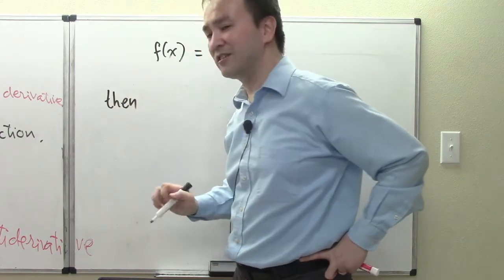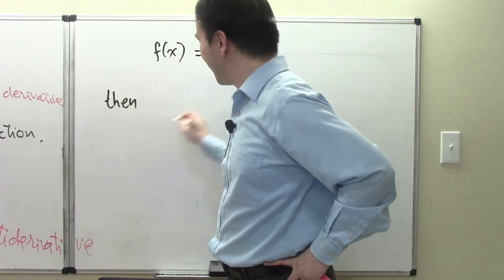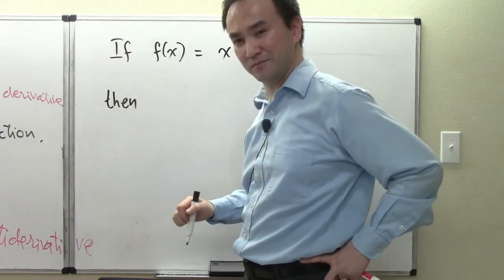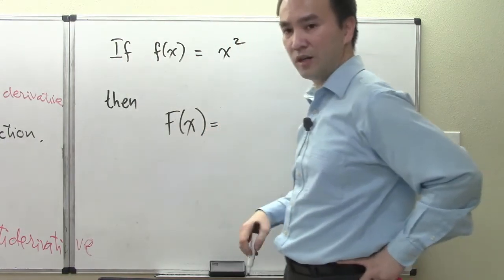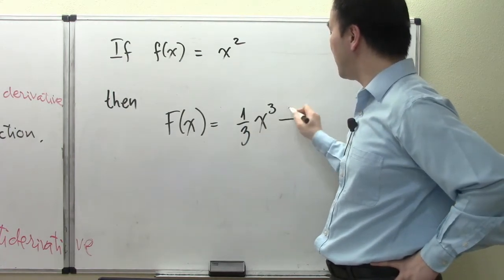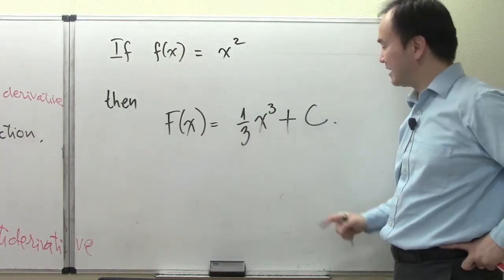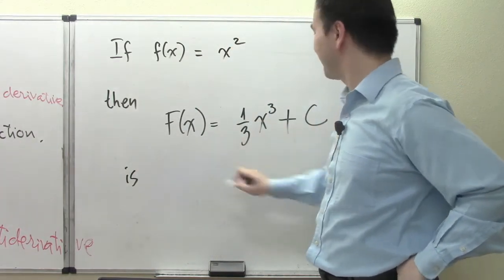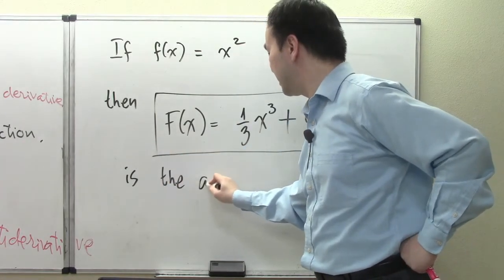Maybe I led the viewers into a wrong way of saying things earlier, so let's put it this way: if f of x equals x squared, for example, that's the work we did, then we can say capital F of x equals 1/3 x cubed plus a constant. This is right out of the newest definition we have. And this thing here is the antiderivative.